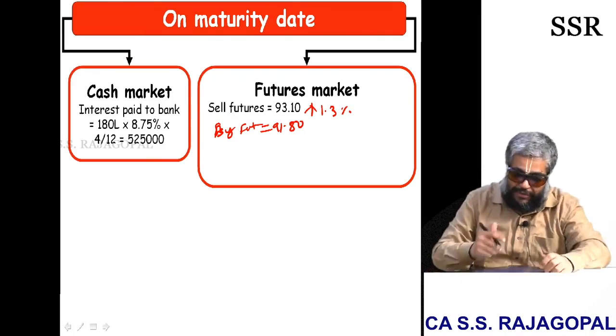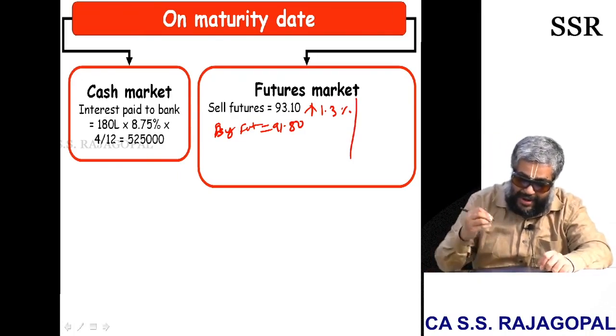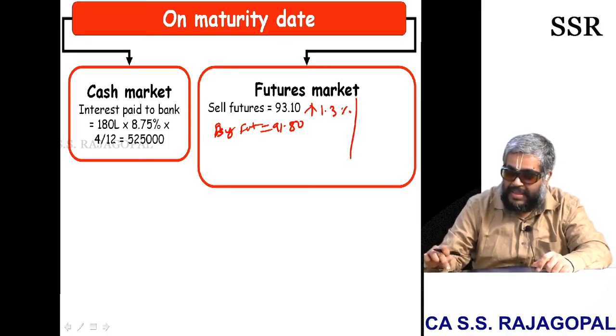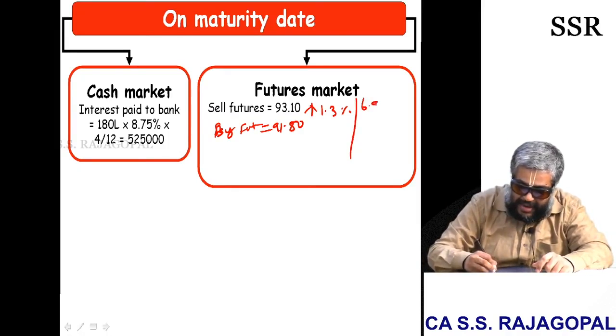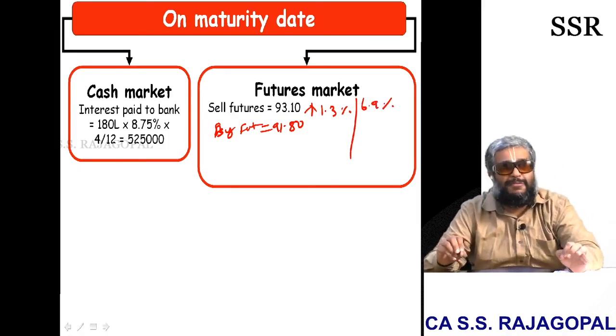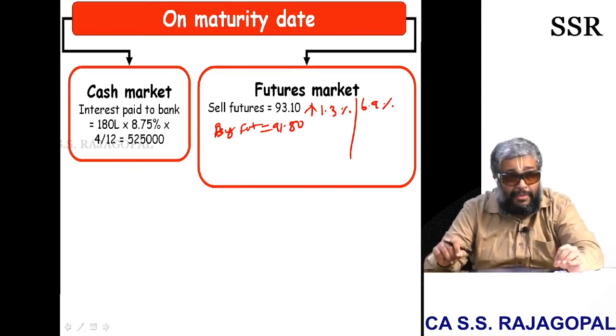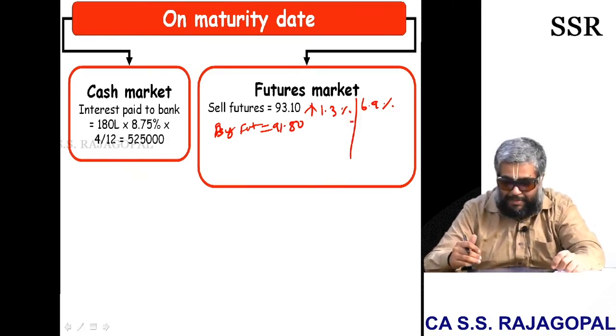In other words, if you don't understand, I'll give it another way. 100 minus 93.1 is 6.9%. I've agreed to borrow at 6.9%. But now, at the time of borrowing, the interest in the futures market went up by 1.3%.